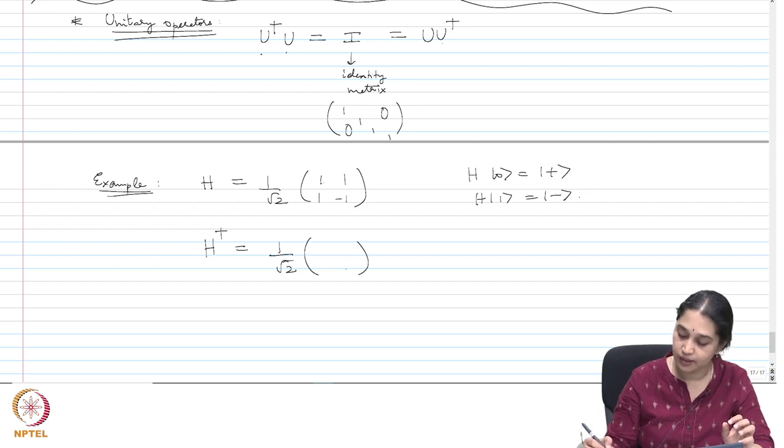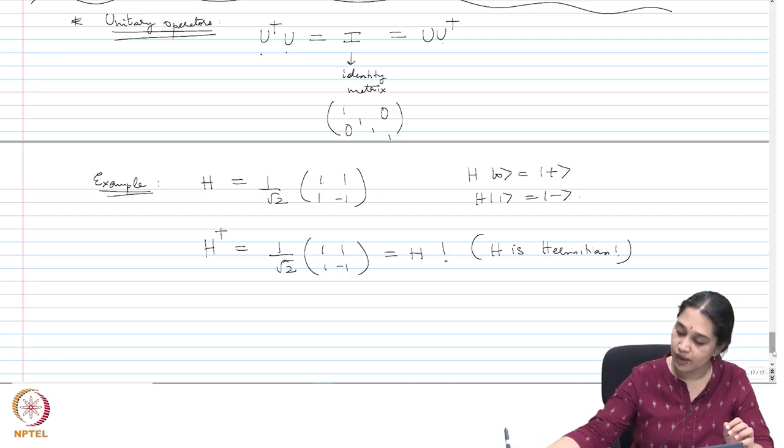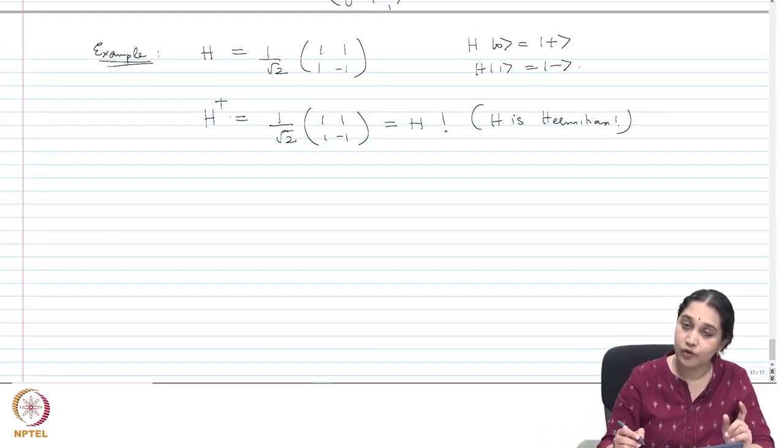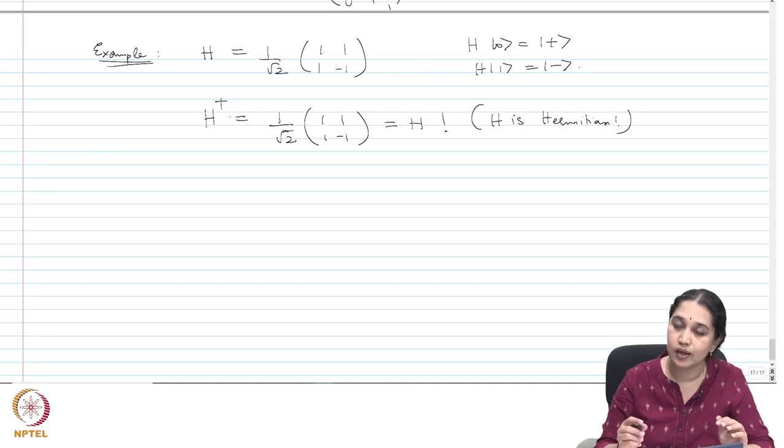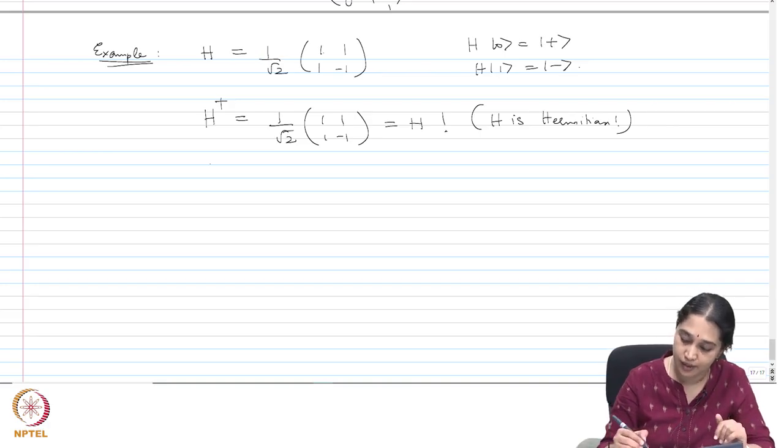I take the transpose, and these are all real entries, so I actually get the same matrix. So H to begin with is Hermitian. But the property of H that will be most useful for us in subsequent lectures is the fact that H is also unitary. So let us check that.